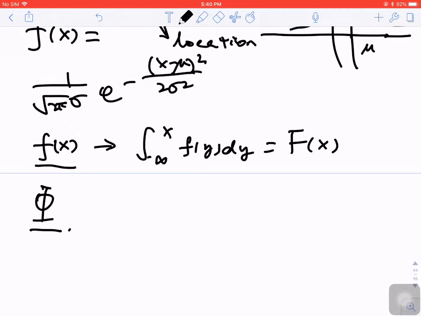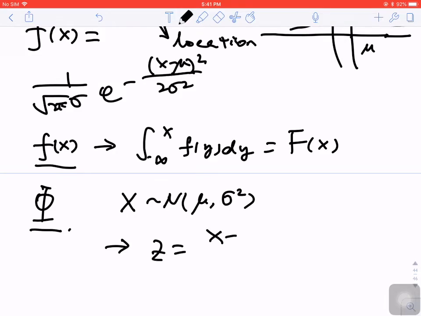And also, you have to know how to convert a general normal random variable to a standard normal random variable, which is Z. So Z is equal to this.